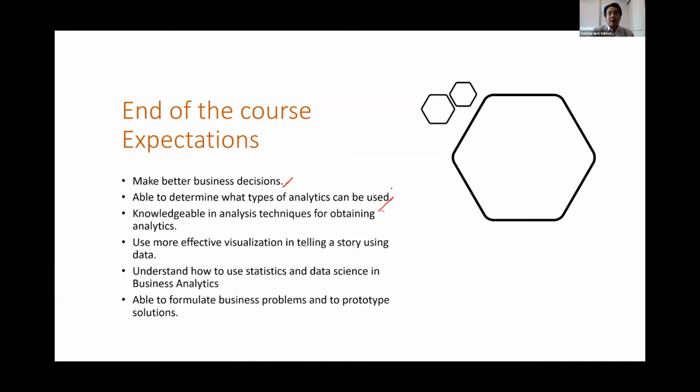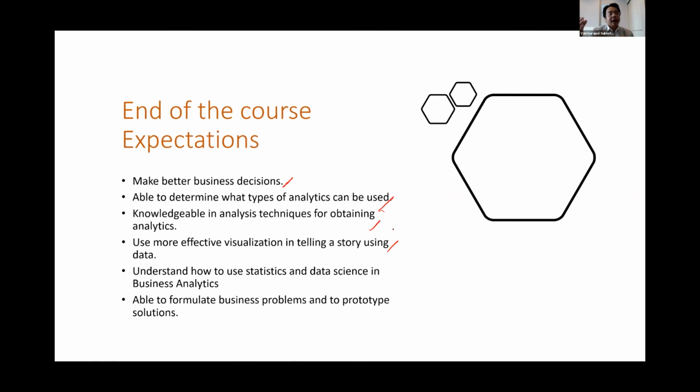You'll be knowledgeable in analysis techniques. In the course, we will not go into the technical detail, but you'll be knowledgeable in the techniques for obtaining analytics. You will use more effective visualization. We haven't talked about it in the previous slides, but in the course, we will also cover how you can tell a better story using data.